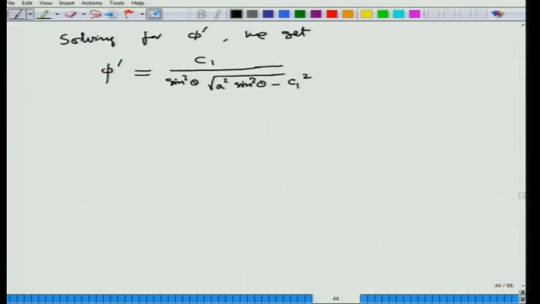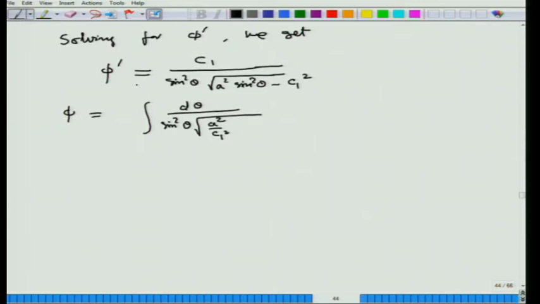So, here we integrate it. So, phi equal to, this can also be written like this, d theta over sin square theta square root of a square over C1 square minus 1.